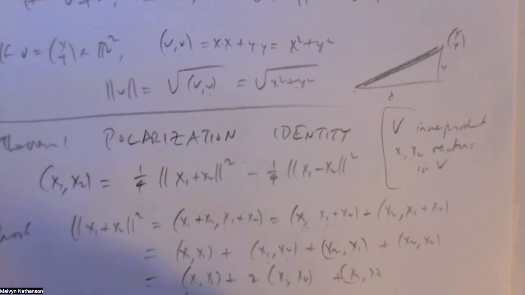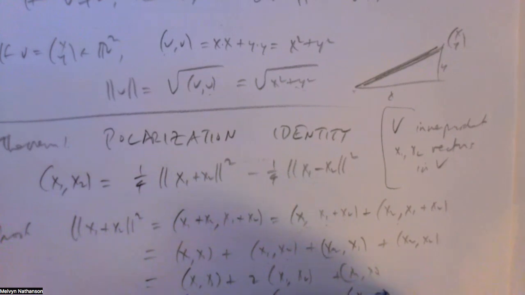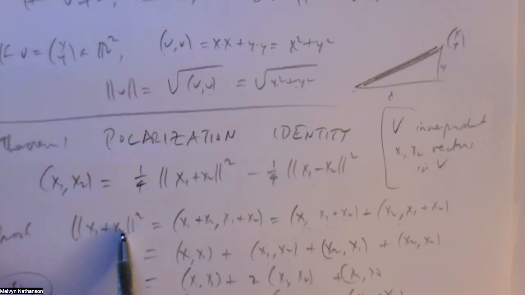So this is ⟨x1, x1⟩ plus 2⟨x1, −x2⟩ plus ⟨−x2, −x2⟩. I'm just using the fact that x1 minus x2 is x1 plus minus x2. So I'm using this identity, replacing x2 with minus x2.